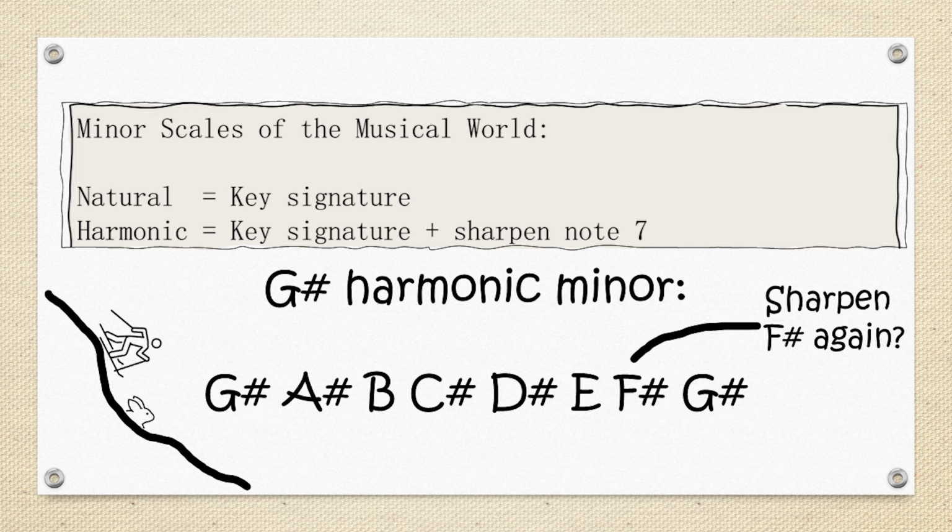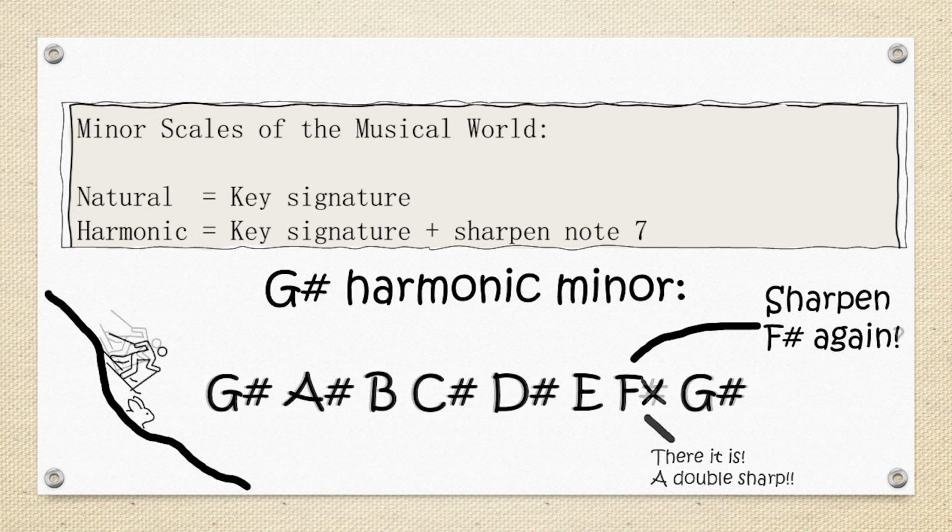For instance, a minor scale starting on G sharp harmonic minor. It has 5 sharps in the key signature, like B major, and requires us to sharpen its 7th note, which in this case is, well, already an F sharp. Now I think you can see where this is going. When we raise the F sharp, it becomes an F double sharp.